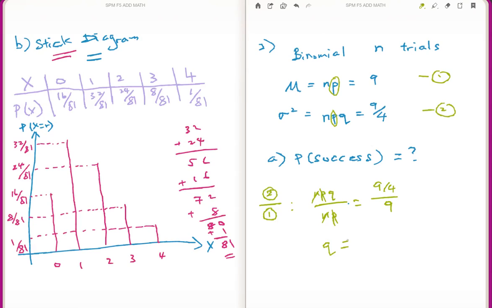Therefore my q is 1/4. If my failure q is 1/4, therefore my success p is equal to 1 minus q, that is 1 minus 1/4, which equals 3/4. Therefore the probability of success is 3/4. That answers the question.